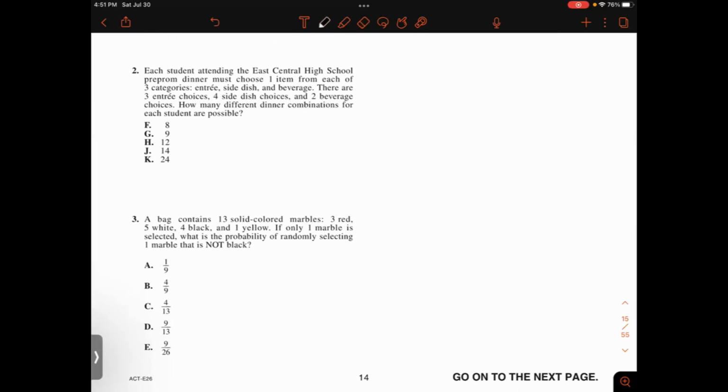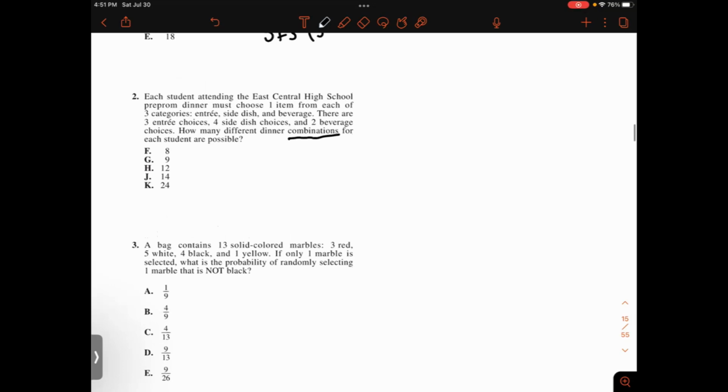So, what is a combination question? Well, it's exactly what it sounds like. It is how many combinations can we make? For example, we have 3 entrees, so I'm going to draw 3 lines to represent entrees.